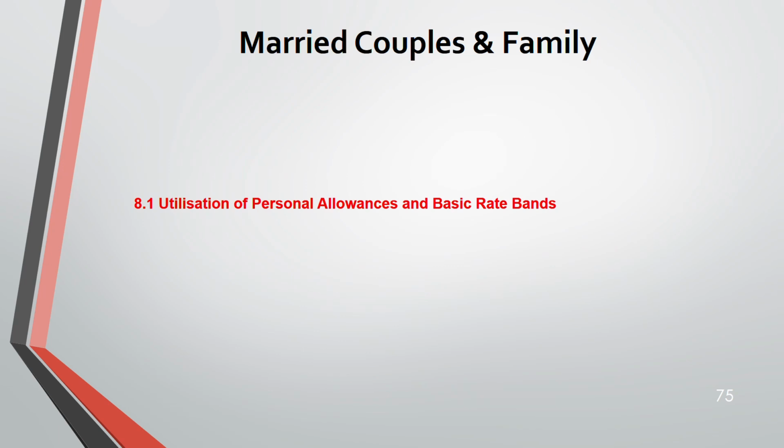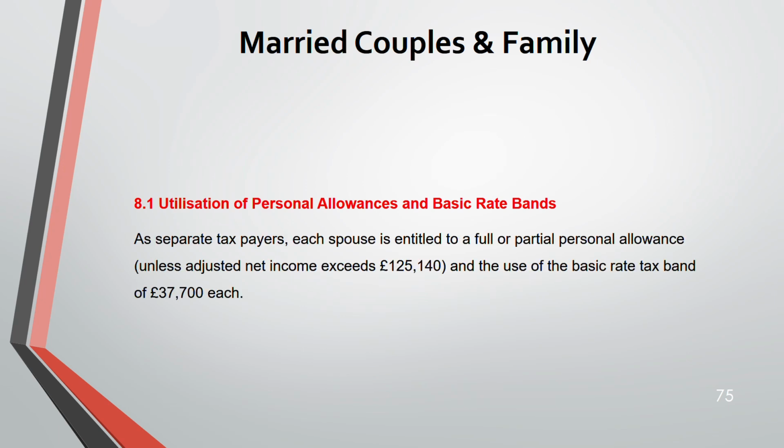Next section of this lecture is on married couples. If you are a couple, how do you utilize personal allowance and the basic rate band? This question is often asked in your tax exam, the married couple part. So you have to know this. Each spouse is separately liable to tax.